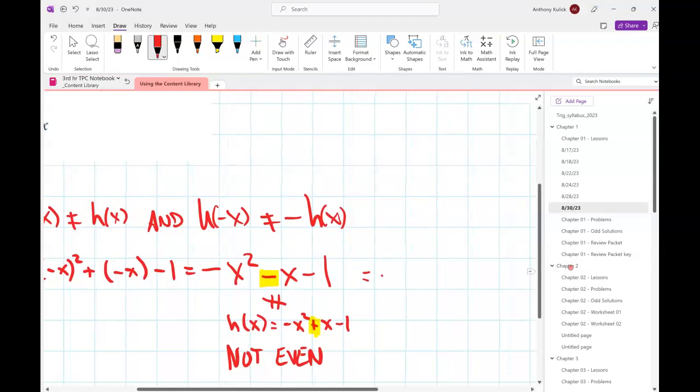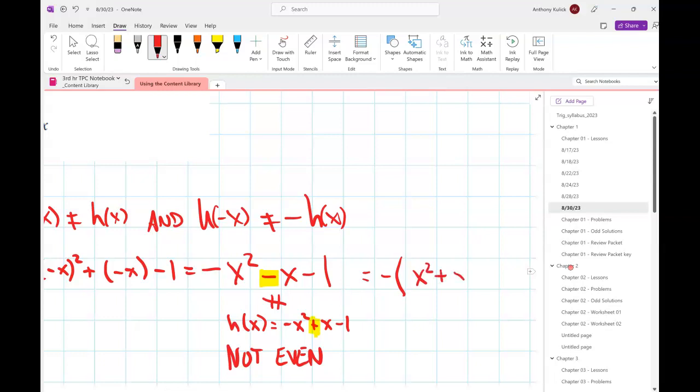Now I'm going to factor off a negative. So if I do that, the negative x squared becomes positive, the negative x becomes positive, and the negative 1 becomes positive. And this is not equal to negative h of x. What are the differences here?